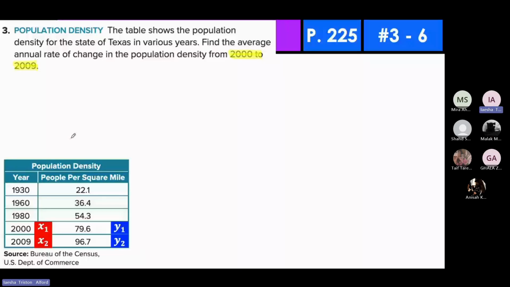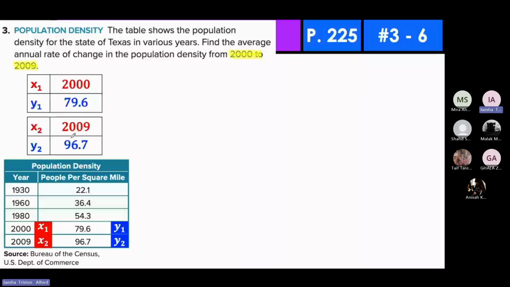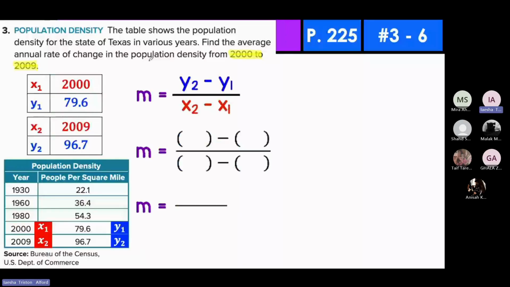Part 2. If you want to put it in a table to make it easier for yourself, you can. Part 2, you need your slope formula. So y2 subtract y1 over x2 subtract x1. What number should be y2? 96.7. What number is y1? 79.6.